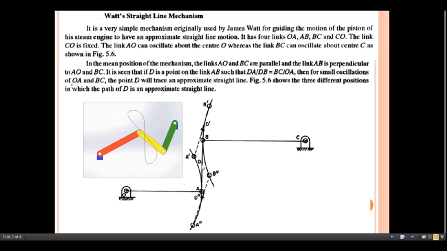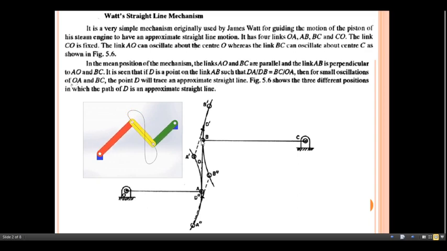Now consider D as the point on link AB such that DA by DB is nothing but BC divided by OA. Then for small oscillations of OA and BC, D will trace an approximate straight line.